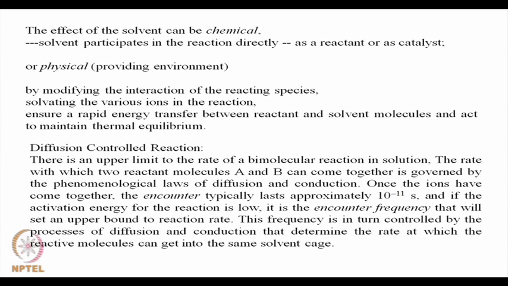So, it is guided by how easily they can diffuse. For a reaction to take place, they will have to come close. So, if only this factor is important, then the rate is guided by the time required for these entities to come close via diffusion.